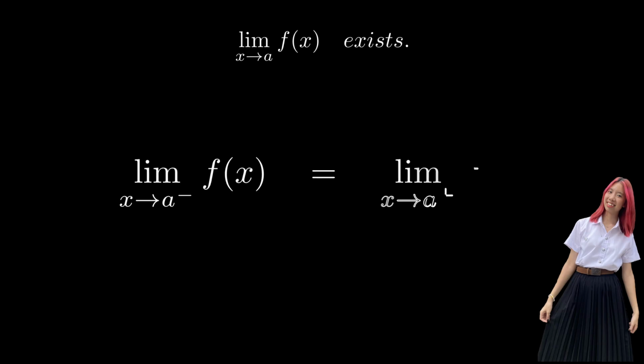The first step is that the function is defined at a. The second step is that the limit as x approaches a of f(x) exists. How can we show that this limit exists? You need to show that the limit as x approaches a from the left side is equal to the limit as x approaches a from the right side. This condition will show that the limit exists.